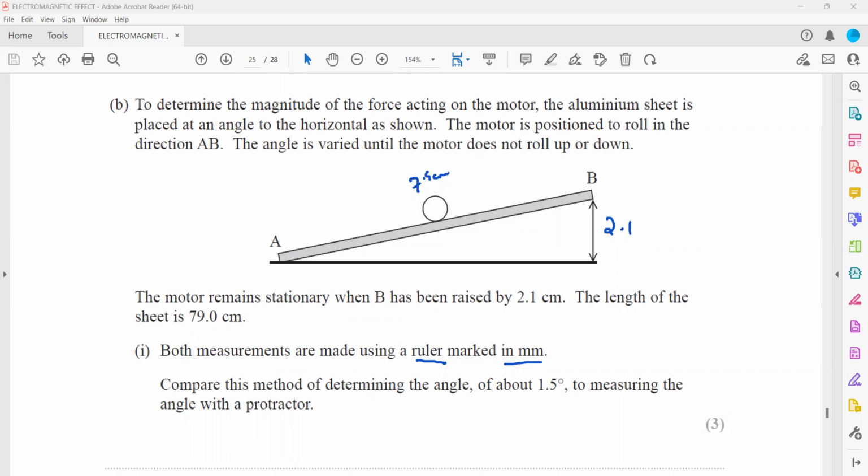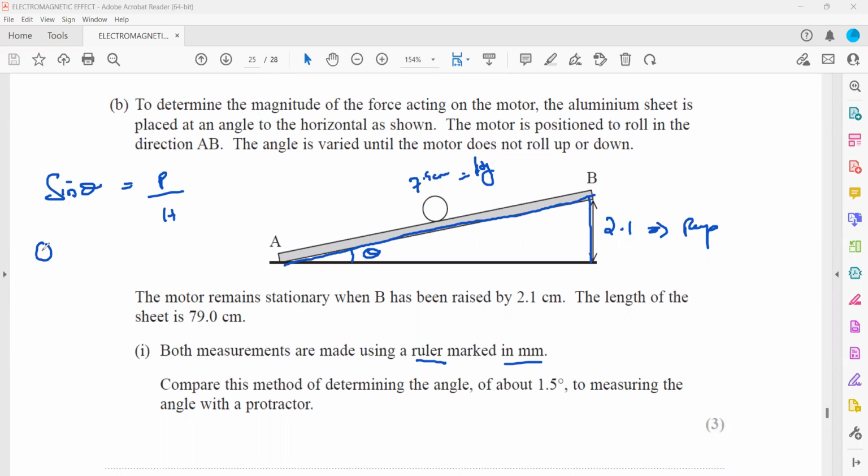So first, we will work out this angle. This length is 7.9, and it's a right angle triangle. So this is 7.9 and this one is 2.1. If I want to determine this angle theta, this one is the perpendicular and this one is the hypotenuse. So sine theta is perpendicular divided by hypotenuse.